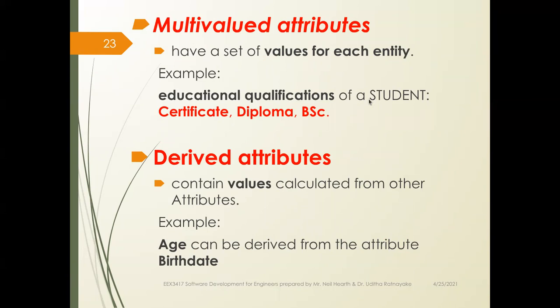Educational qualification is an attribute, but it has sub-attributes like certificate, diploma, BSc. Derived attributes, like age. Age can be obtained by using the birthday and the current date, we can calculate the age. That is a derived attribute.